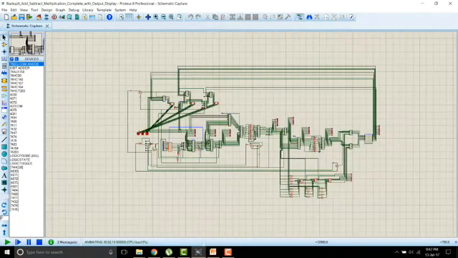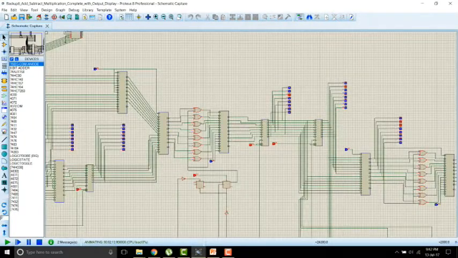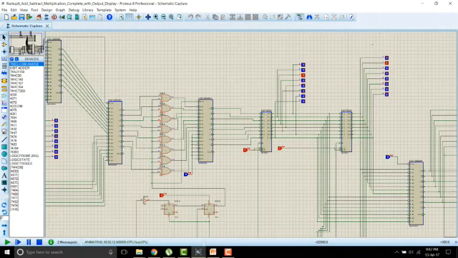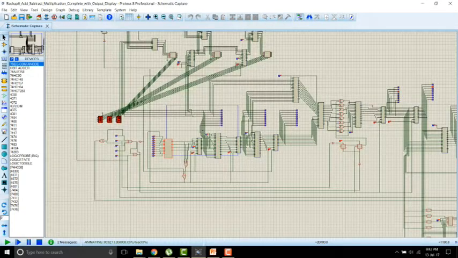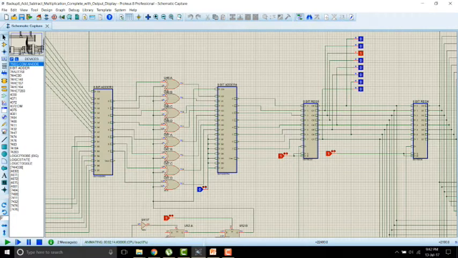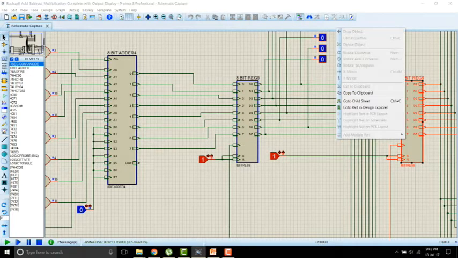Next, when we press plus, minus or multiplication, the register saves the first input, and these registers and adders again take the second input. When I press equal, this register takes the first input from this register, and this one now has the second input, and this one has the first input.